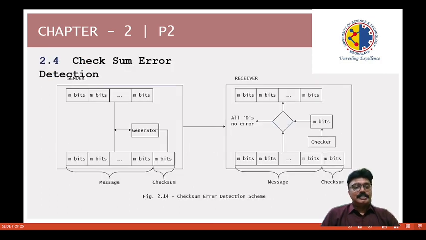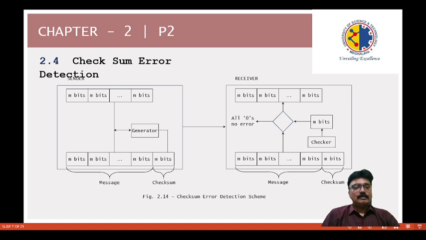So now the checksum error detection method. Here we can see the error detection scheme between sender and receiver. In the sender, how the bits, the data, are arranged, and in the receiver, how it is received, we'll see.